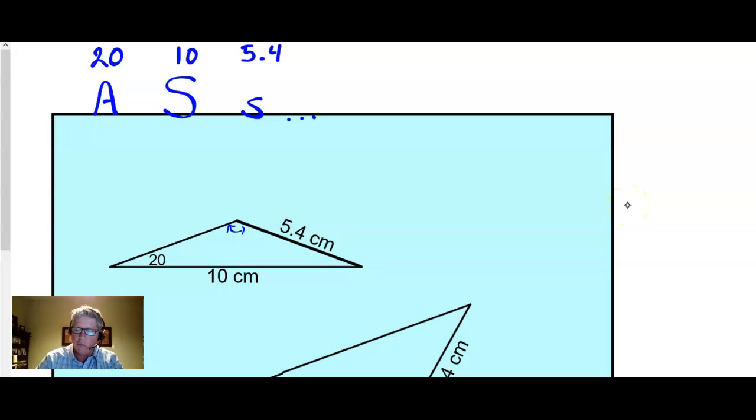Since we're looking for the angle, we're going to put sine of, let's just call it x, over 10 equals the sine of 20 over 5.4. You guys okay with that opposite pair over this opposite pair? We're calling this x. Nice. So here's a little bit of math. We'll multiply this by 10.